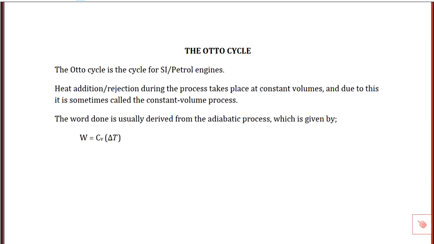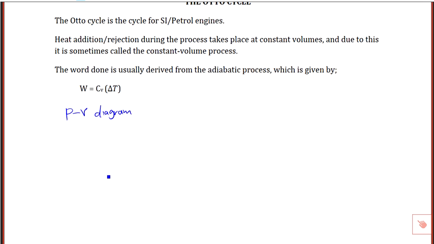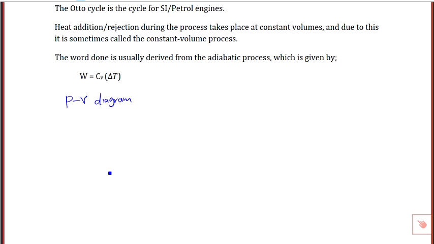So what I'm saying is that you're going to have the PV diagram, and the PV diagram here, I'm going to show you. PV is simply the pressure volume diagram.